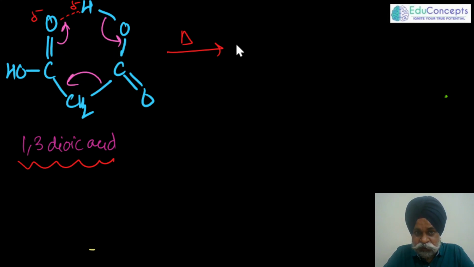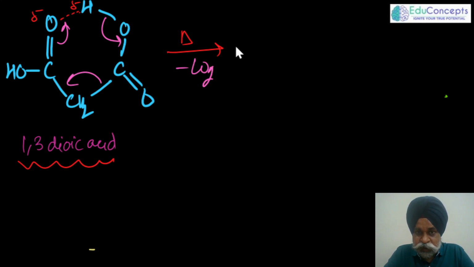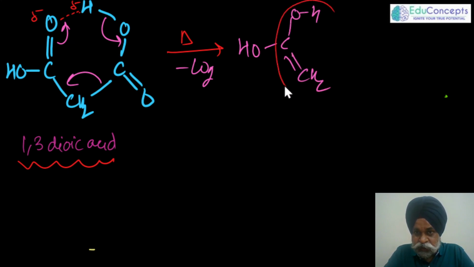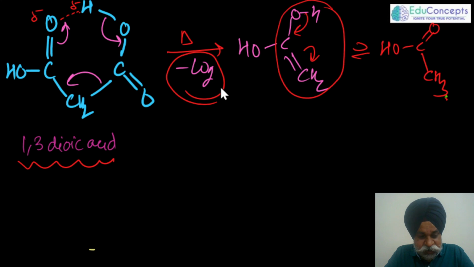So here this would come out as carbon dioxide, and you end up getting an OH here, and this again would have the feature of enol. So this bond goes here, this goes here. Ultimately, you get a carboxylic acid with one carbon less than the starting one, because one carbon has gone out as carbon dioxide.